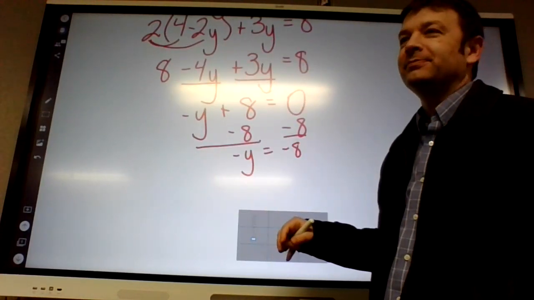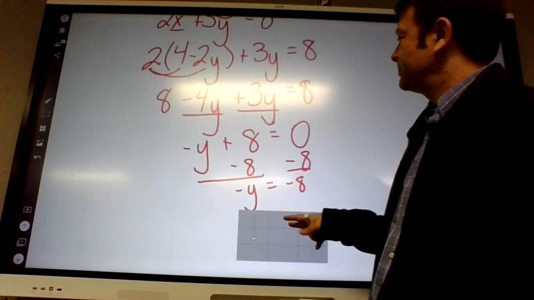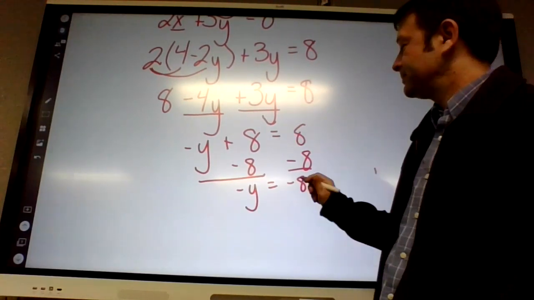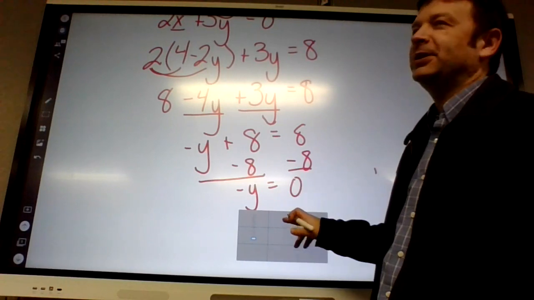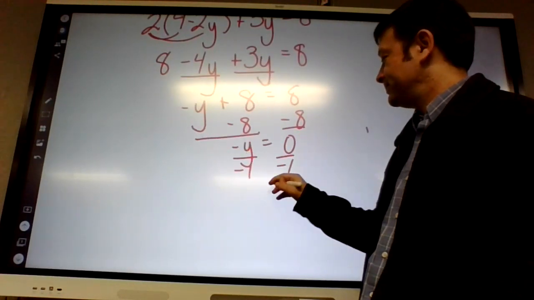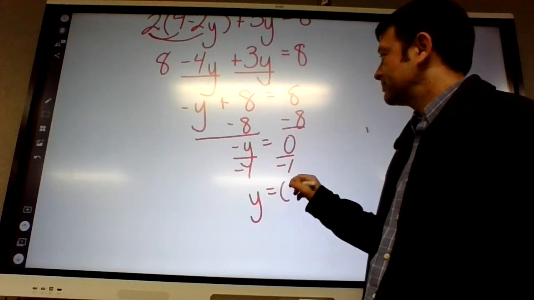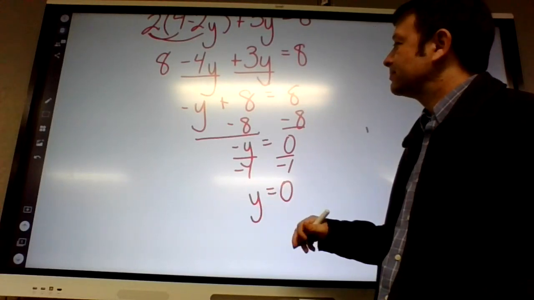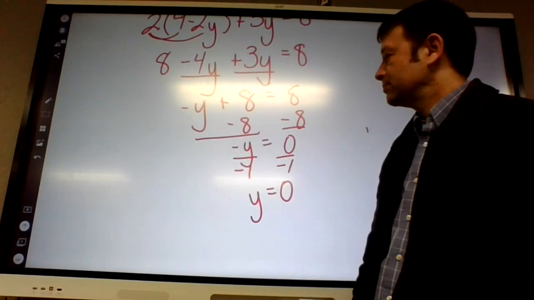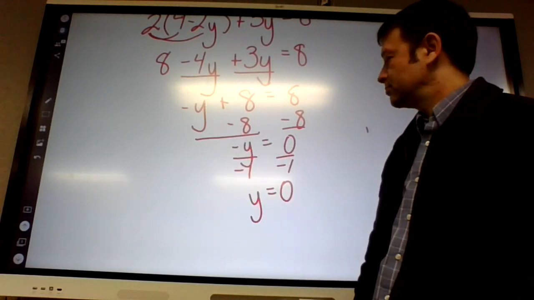Positive 8. Did I do something wrong again? Yeah, you did. Oh, I forgot the 8. I was thinking ahead. Okay, is it no solution? No. Why would it be 0? Y equals 8 minus y. Trying to get y by itself.